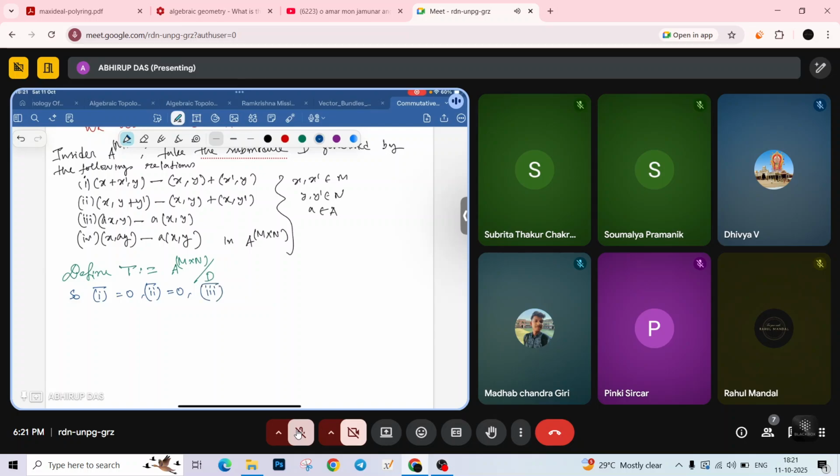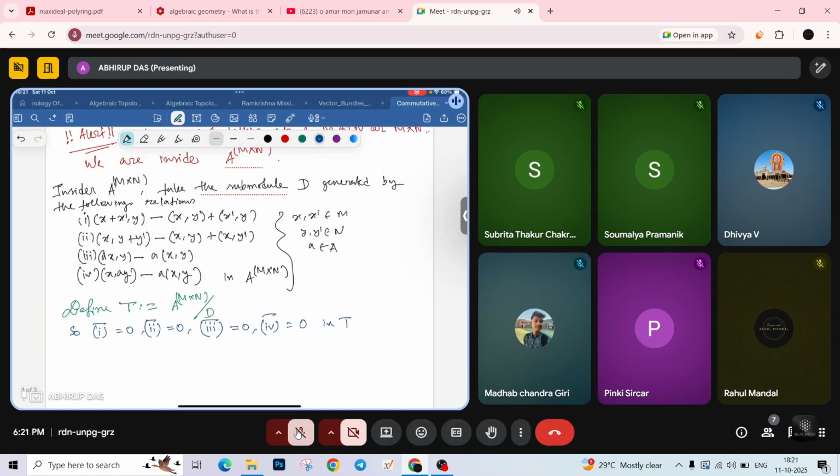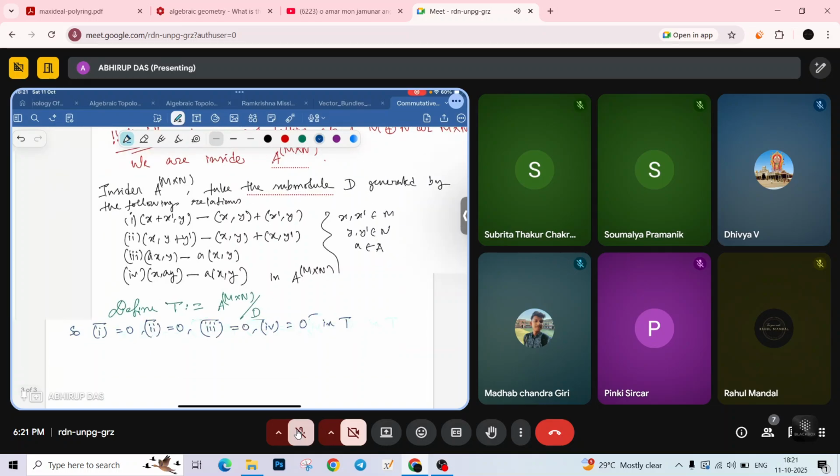So the image of these elements, this type of elements, they are zero in T, right? Now you have the equality. Clear? So you have the equality in the quotient module, right?